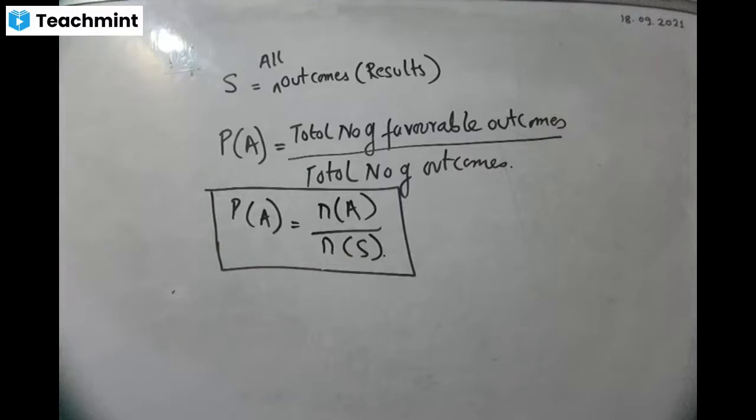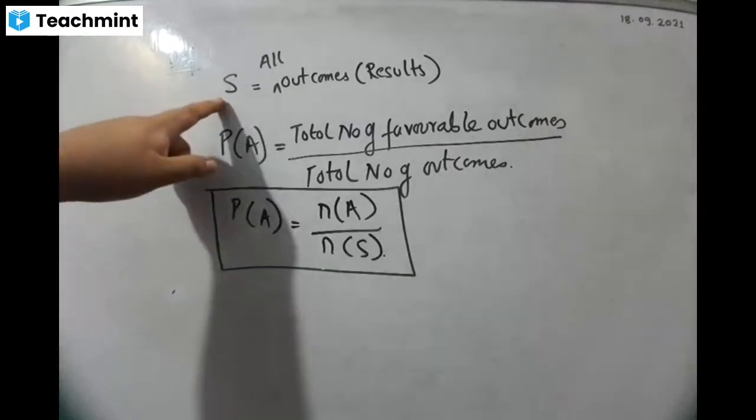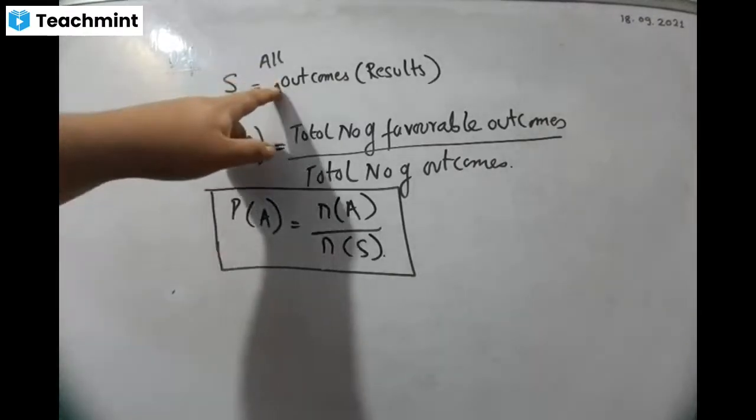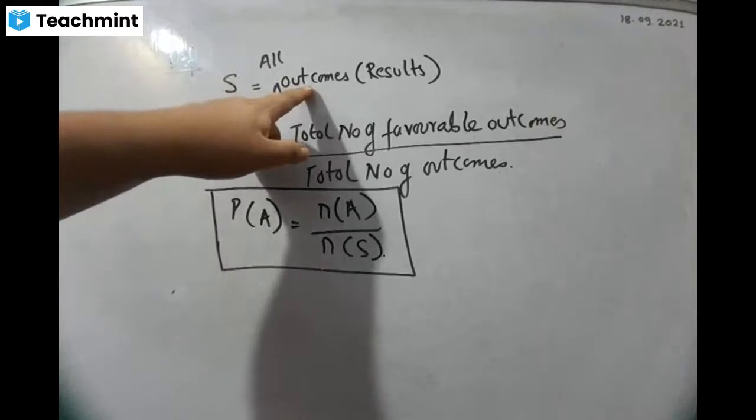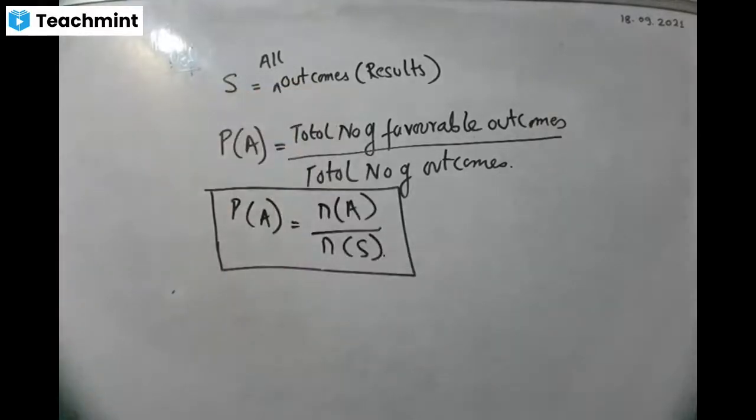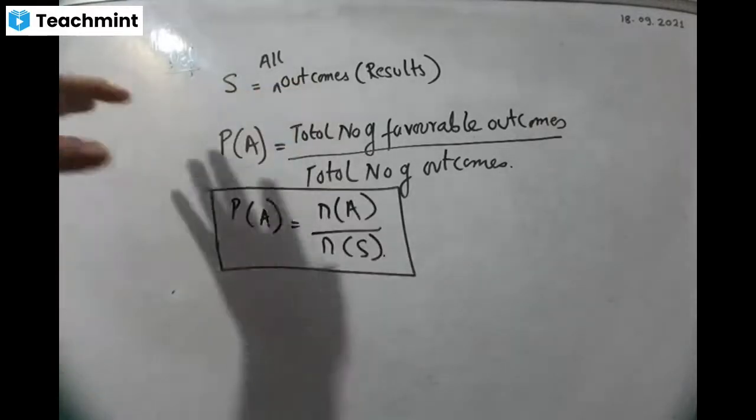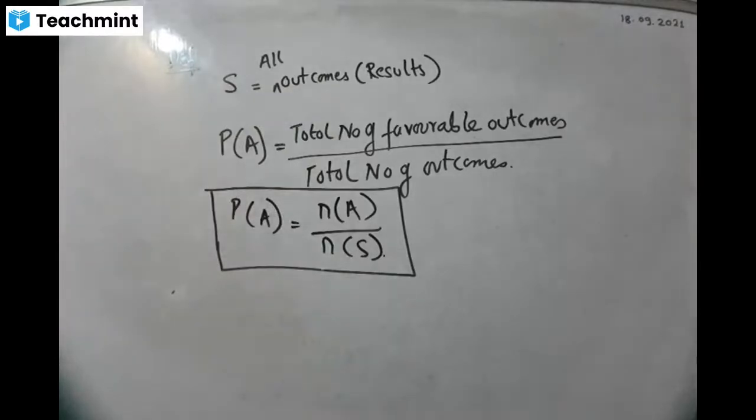Right now, just understand the definition of probability, everyone. Once again, what is the definition of probability? Let capital S be the sample space, that is all possible outcomes when you conduct an experiment. And capital A be an event which contains all the favorable elements.